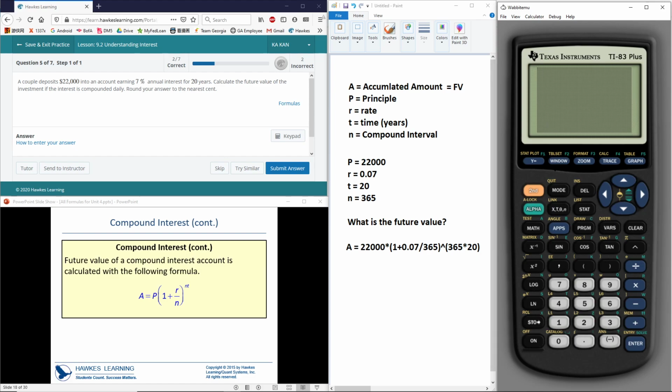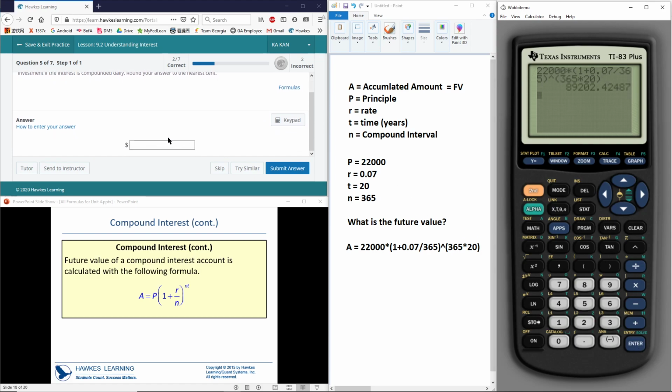So let's put this in the calculator. 22,000 times 1 plus 0.07 divided by 365, close parenthesis, raise it to the power, and then parenthesis 365 times 20. And that's the answer.